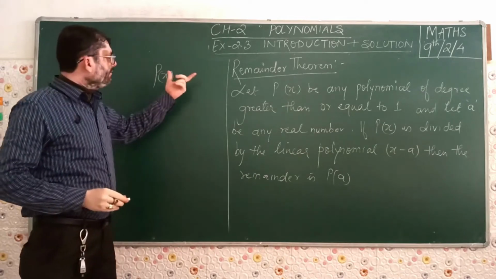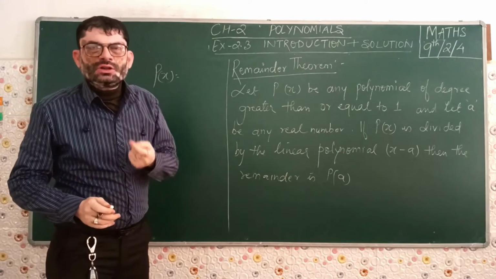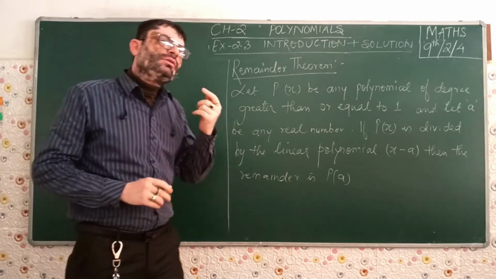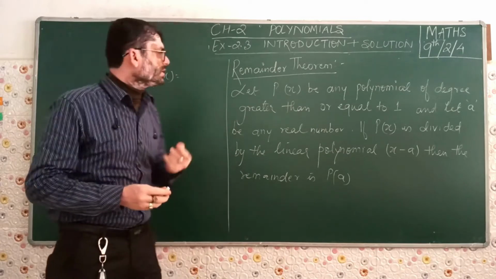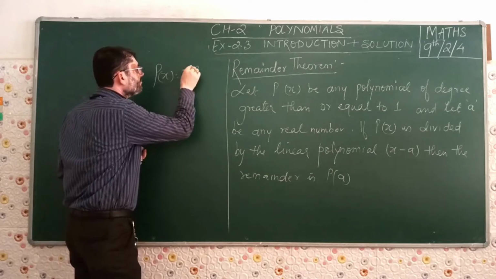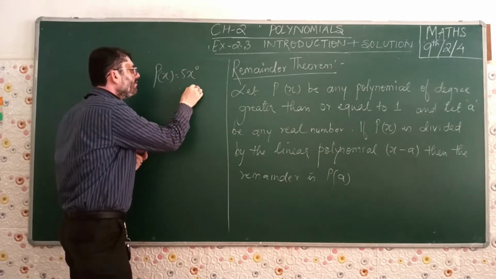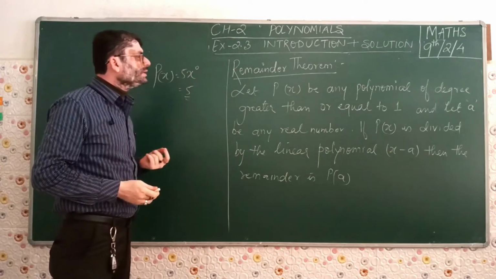Here, the variable that is used should have a degree greater than or equal to 1. Why not 0? Because a degree 0 polynomial is always a constant. Suppose we say 5 x to the power 0, this is a 5. This is a constant polynomial with the degree of x to be 0.